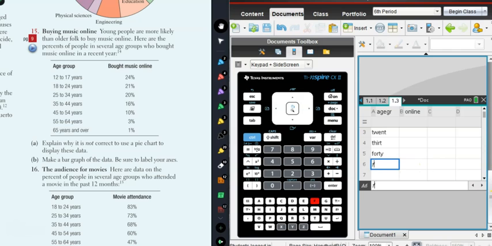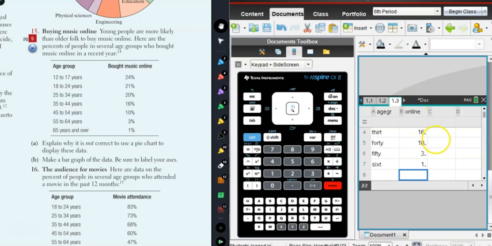So follow me on this, and you can call it whatever you want, but I'm just making sure that these are all alphanumeric and not numeric. All right, so what percentages? 24 were online, 21% here, 20, 16, 10, 3, 1.